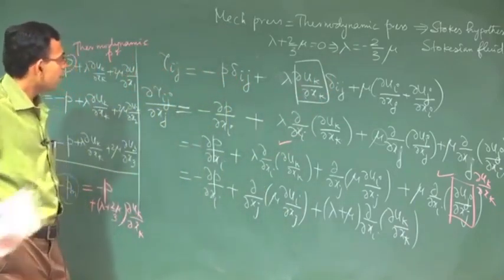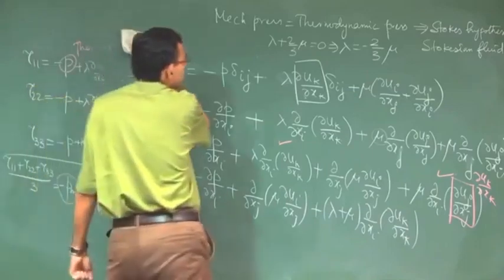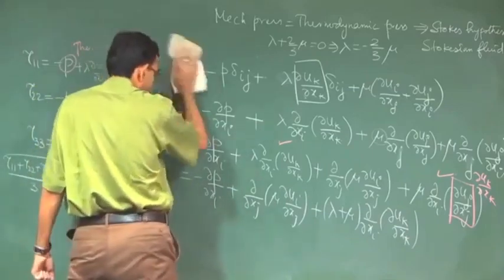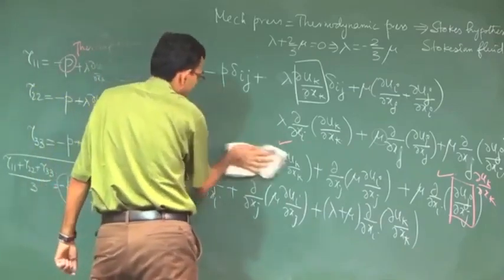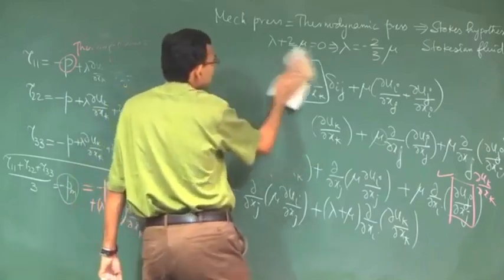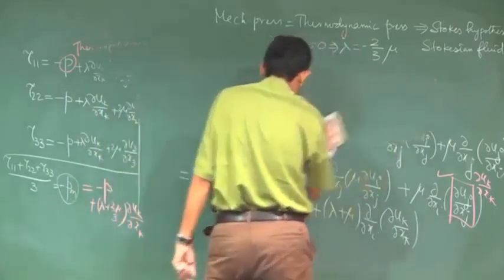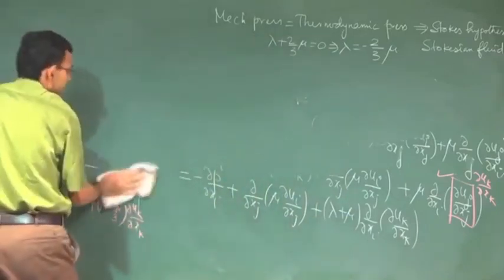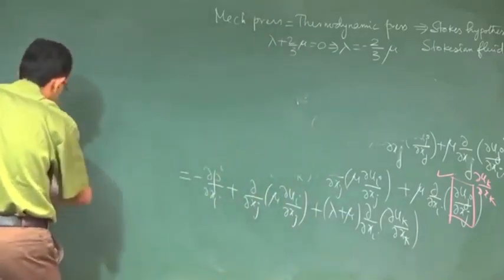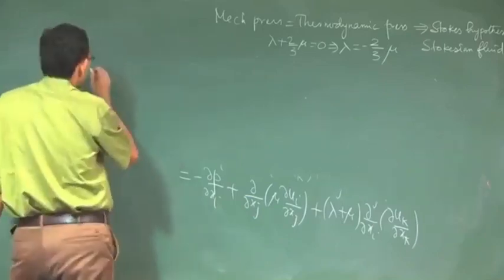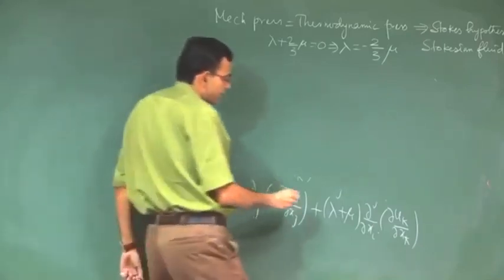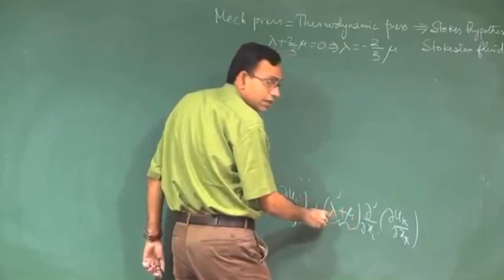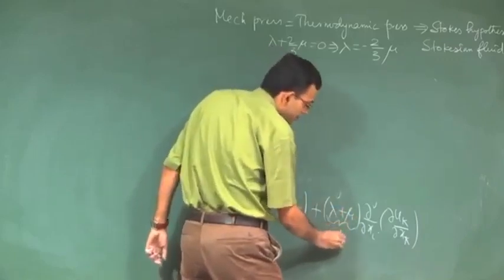So, now we are in a position to write the equation of motion by using the last line in the board, which I will not erase, but I will erase most of the remaining part. So, this now will become lambda is equal to minus 2/3 mu plus mu will become mu by 3.